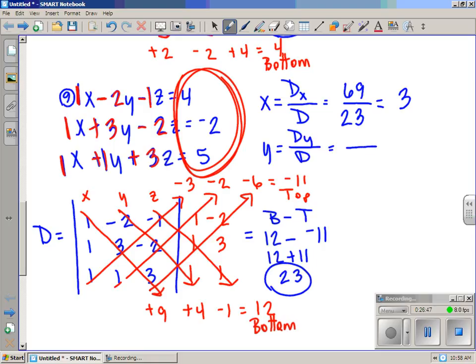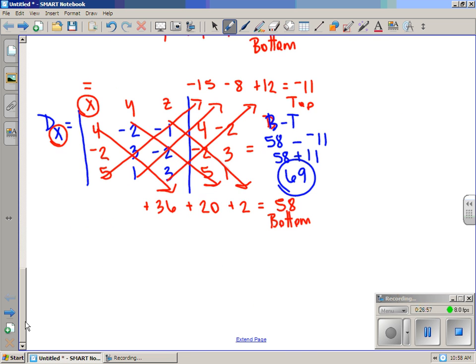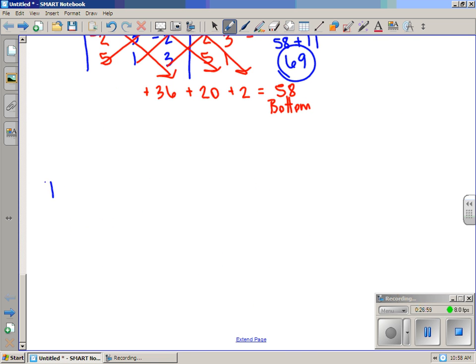We already know that our d is 23. 12, I don't know where I got that from. Should be a 23. Now we need to find the determinant of y. Our first column is x, second column y, third column z. This time we replace the y column with the equal numbers.